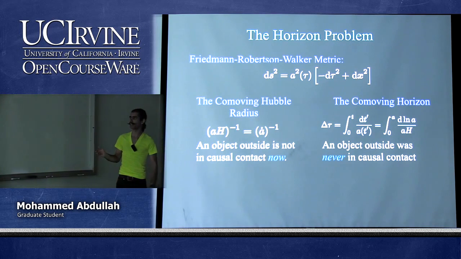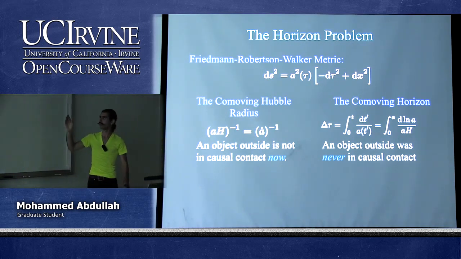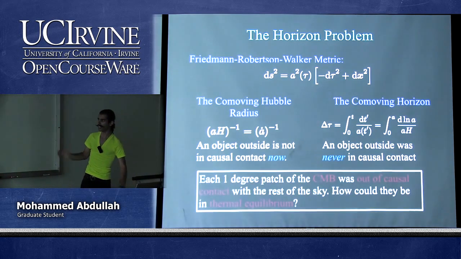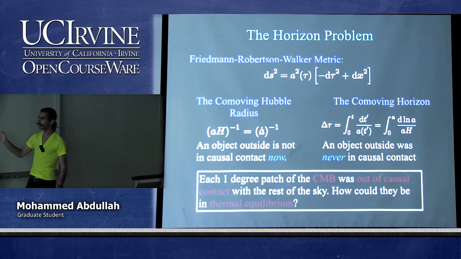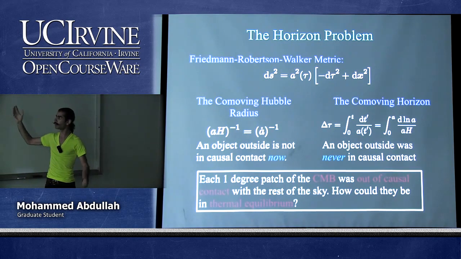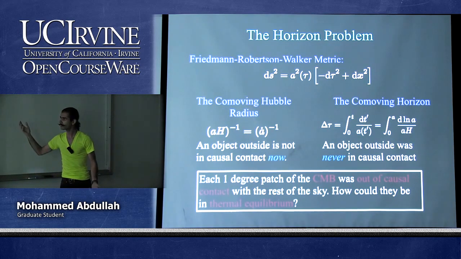If you're farther away from me than my co-moving horizon, then there is no way I could have ever been in causal contact with you. And this is a problem with the CMB, is that each 1 degree angle of the CMB is farther away from the rest of the sky by more than the co-moving horizon.